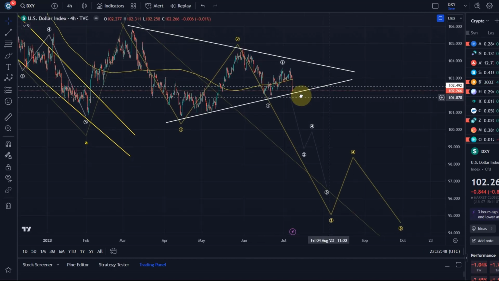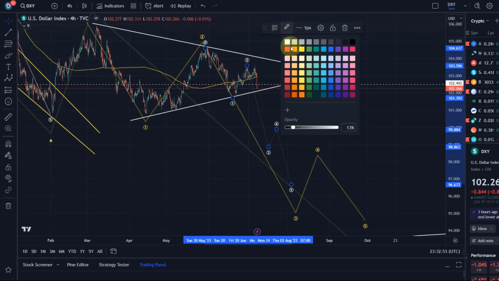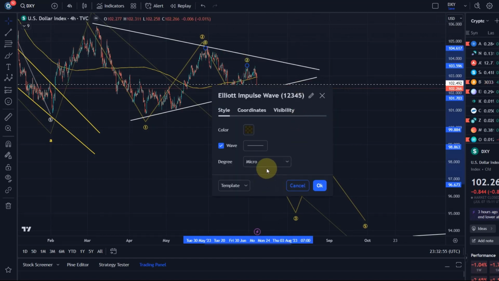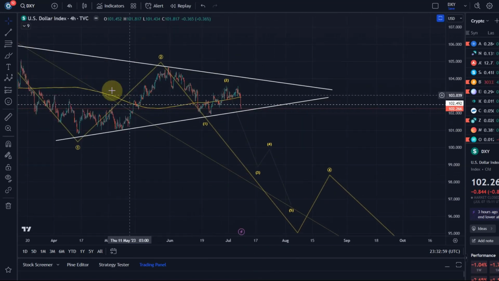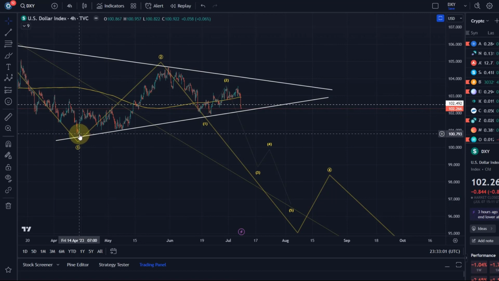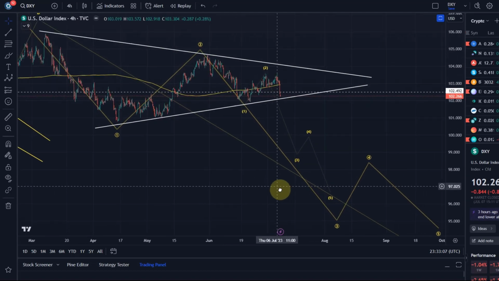That would make this wave count certainly the preference and give us clarity that this is going to play out, because then we would break below this wave 1 low at $100.80. That would be a confirmation that we're in a third wave breakdown.